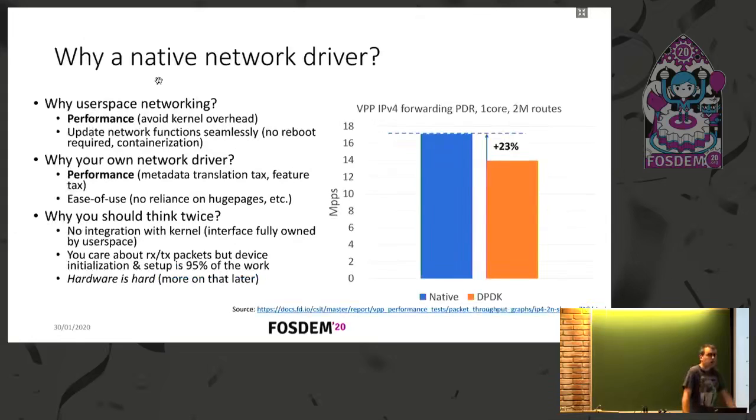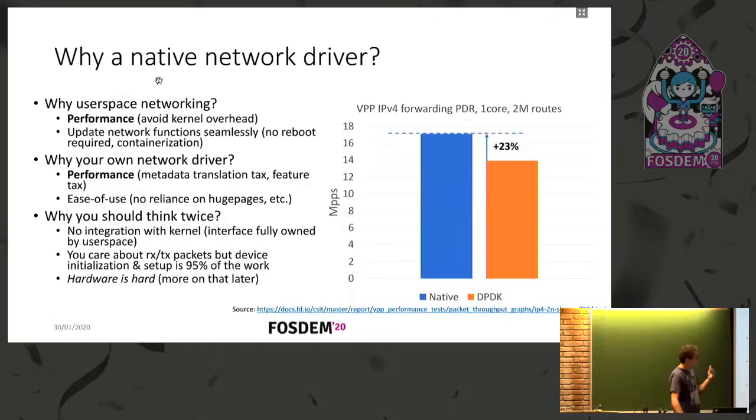So for those who missed the excellent talk about Quick from my colleagues, a few words about VPP. VPP is a user space software networking platform, and it strives to be very, very fast and have a lot of features like tunneling, routing, switching, all those kinds of things, and even layer 4 like TCP, UDP, and now Quick.